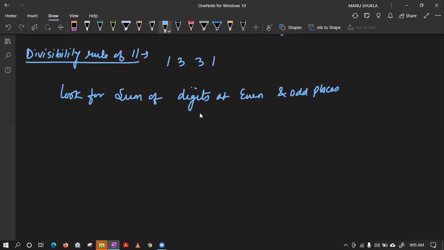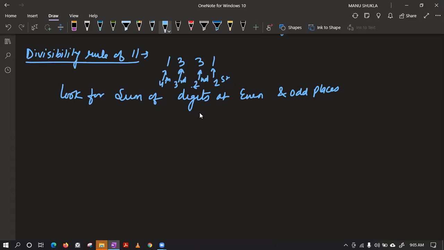So what you have to do is, in this question, you have to find the sum of digits at even places and odd places. So you can see this is the odd place, the first position, second position, this is the third position, and this is the fourth position.